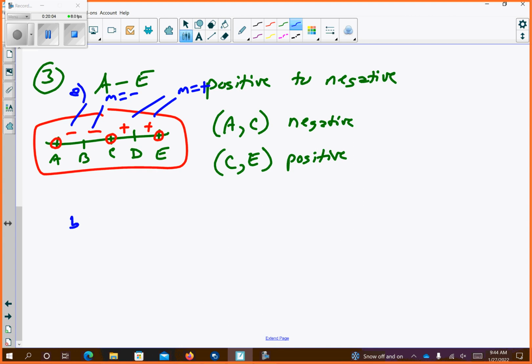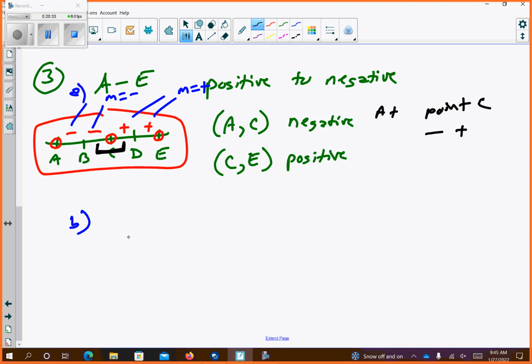And then letter B on 3 says, at what points A through E is the rate of change from positive to negative? So positive to negative. Oh, I guess I didn't answer this one. So right here, at point C, it goes from negative to positive, okay? Or if you want the opposite way, positive to negative.